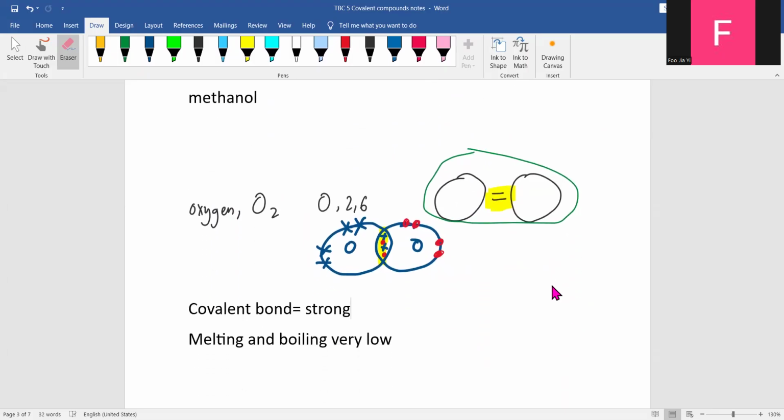So does the covalent bond break? No, the covalent bond does not break. And because covalent compounds are made from neutral molecules, not positively charged, not negatively charged, they cannot conduct electricity. Can you remember? So this is the property of ionic compound and covalent compound.